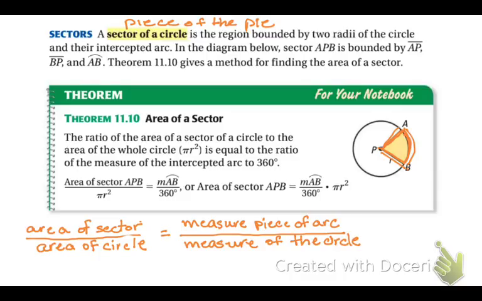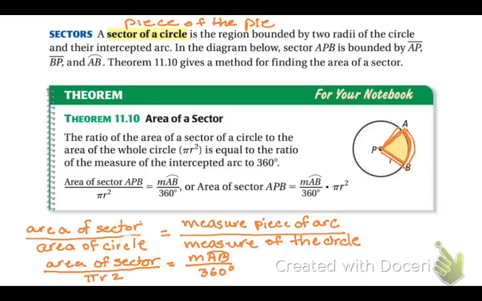So we shorten this, we start to use our numbers, and so we have the area of the sector over the area of a circle, which we know is pi r squared, is equal to the measure of an arc, which in this case would be the measure of AB, over the measure of the whole circle, which is, as we know, 360 degrees.